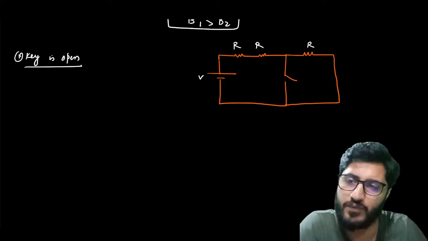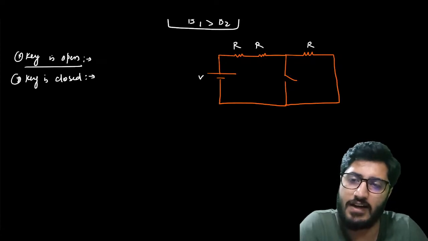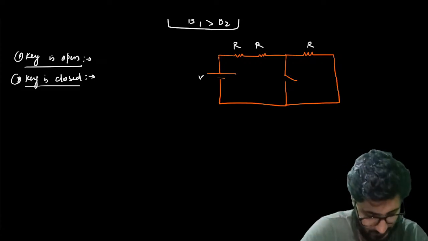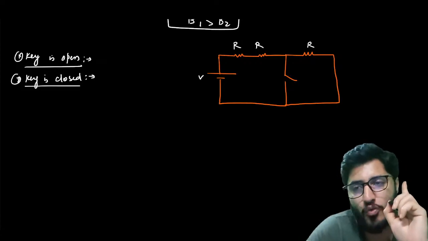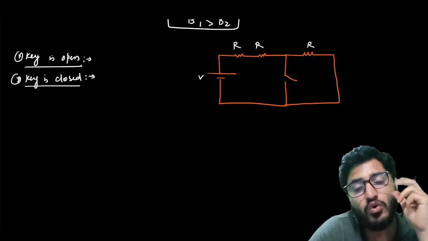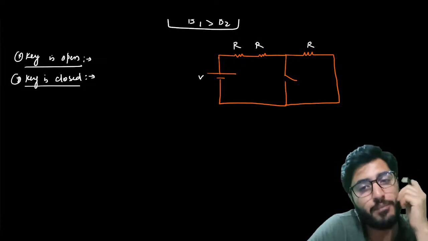Then second part, when the key is closed. What will happen to the brightness? First part, when the key is open. Second part, when we tap the key and close it. What will happen to the brightness?